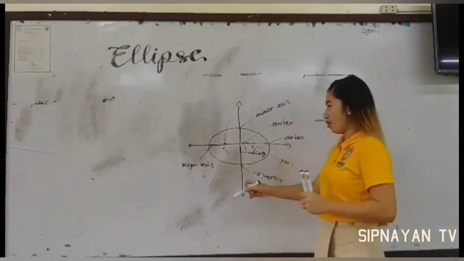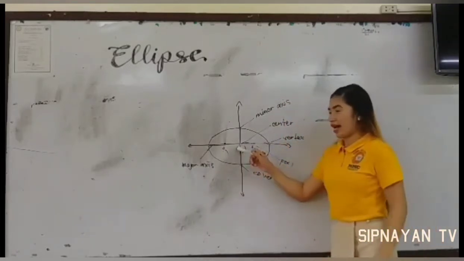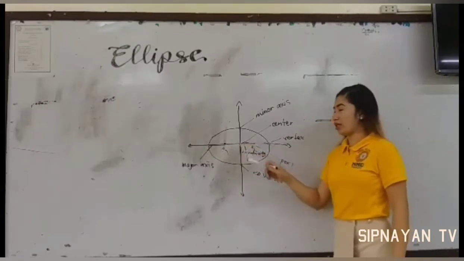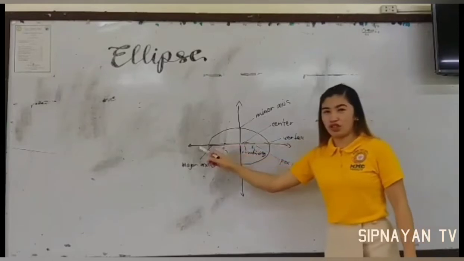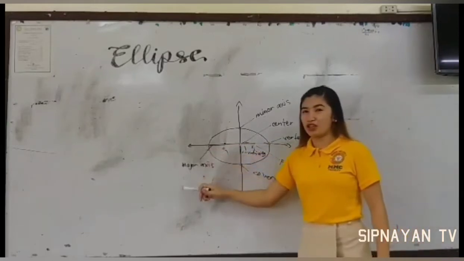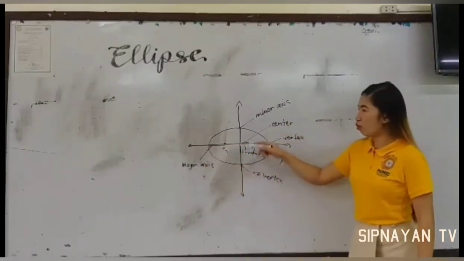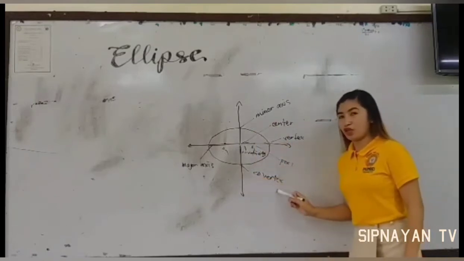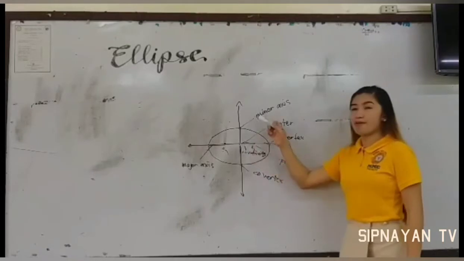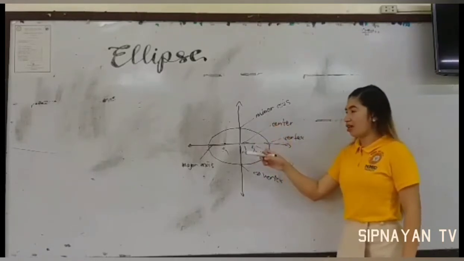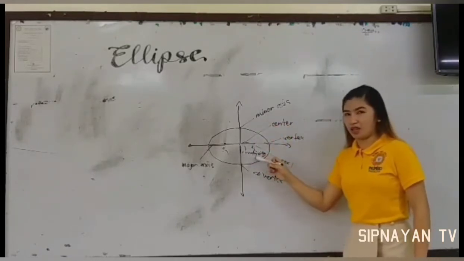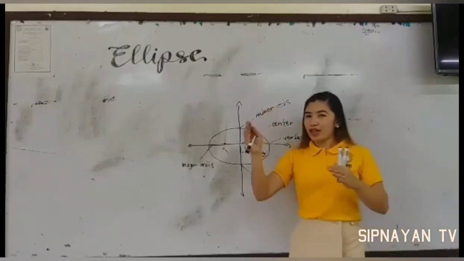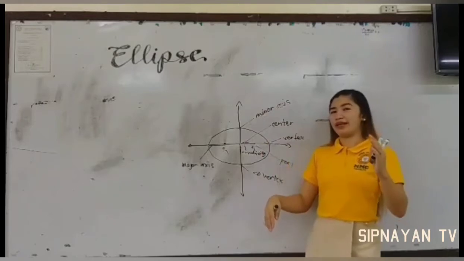So again, we have the center at the origin, the foci, the 2 fixed points, and the vertices, which are the 2 endpoints of our major axis, and the 2 endpoints we call the co-vertices, which are the endpoints of our minor axis, and then also the eccentricity. Eccentricity is a line that connects the center and our foci.